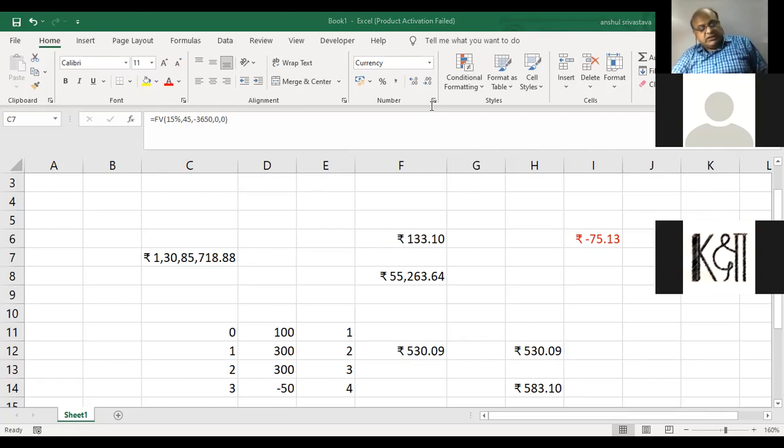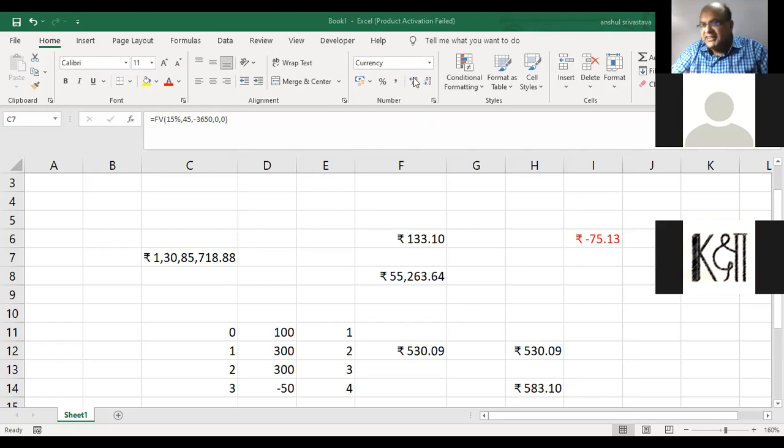So any suggestion on the rate of inflation that we should take? For a period of 45 years, what is the rate of inflation that we should take to calculate the present value, the value of this amount in today's purchasing power? Please do participate.